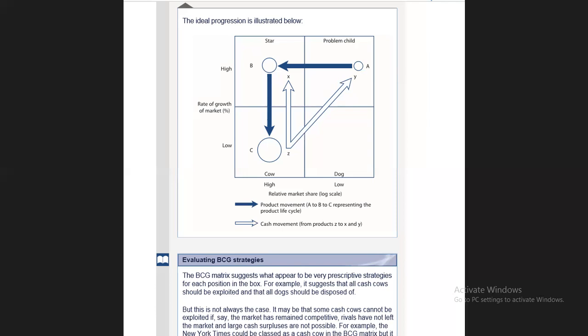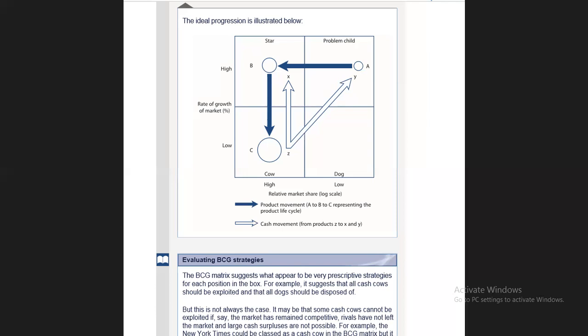Ultimately, you have to maintain the cash flows as well, and you have to decide whether you bear those losses or you invest in that problem child to ultimately make that problem child into a star product. So, I repeat myself again, star products are those products which have high market growth as well as high market share.